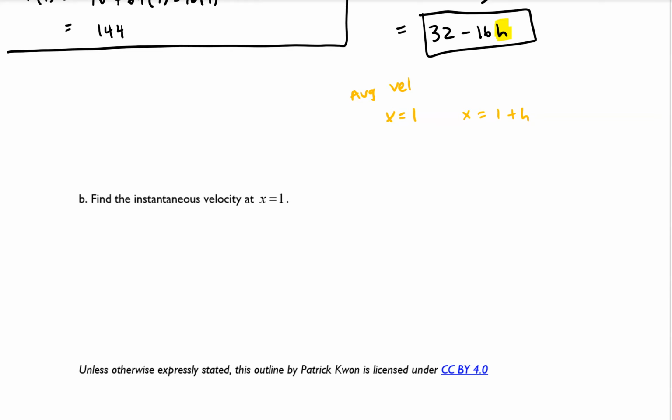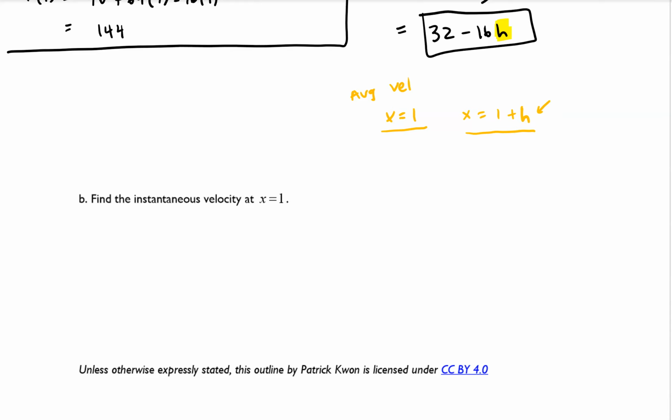And so the way that we are going to do that is we're going to consider this h value, and we want to make it very, very small. In fact, we want to have it go to 0 or approach 0 so that we're basically looking between x equals 1 and x equals 1 plus some very, very small number. And the way that we think about that is by using a limit. Basically, we want the limit as h approaches 0.